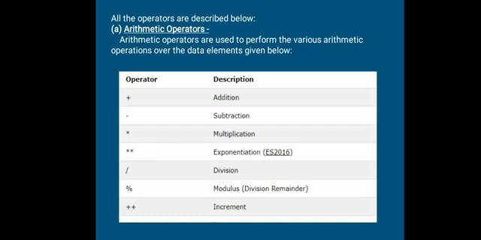Now, I think you know the difference between division and modulo division. The output of division is the quotient and the output of modulo division will be the remainder. In a few textbooks, you can see increment and decrement operators are also given in arithmetic operators, but generally they come under unary operators.